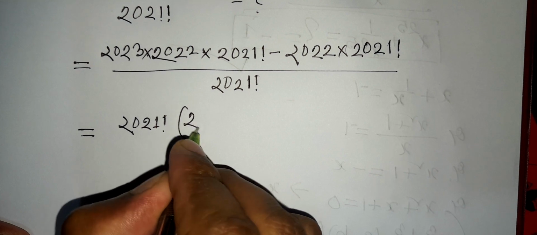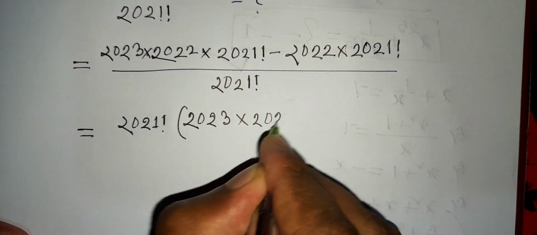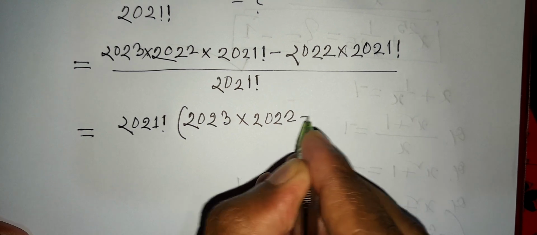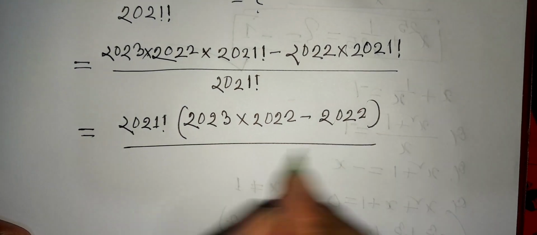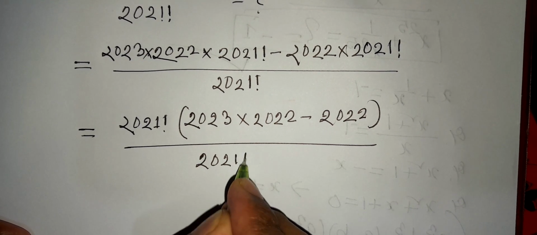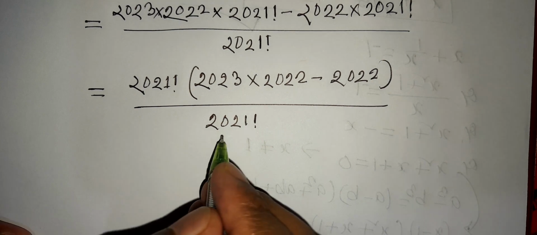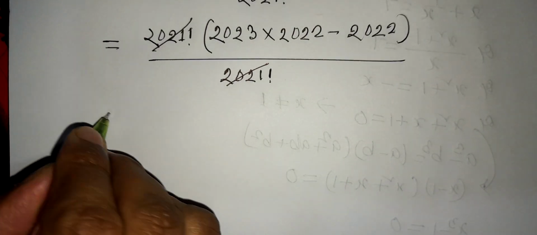Here remains 2023 times 2022 minus 2022, divided by 2021 factorial. Okay, and 2021 factorial is cancelled.